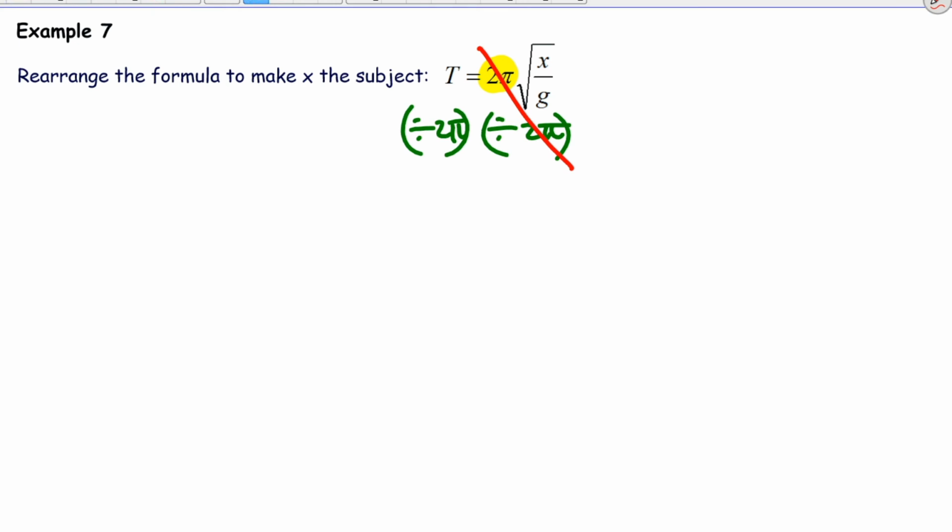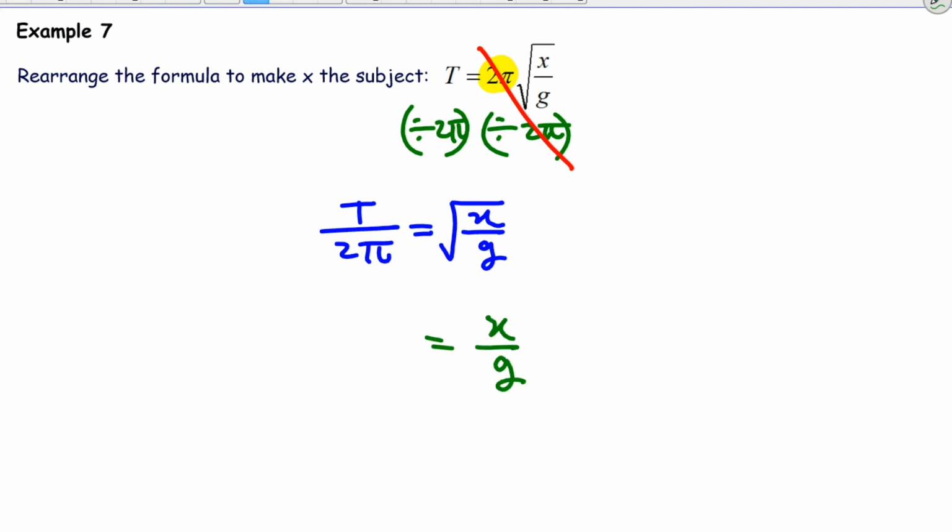So we shall be left with t over 2 pi is equal to the square root of x over g. The next step is the opposite of square rooting this side is squaring the other side. So this will be equal to t over 2 pi, squared.